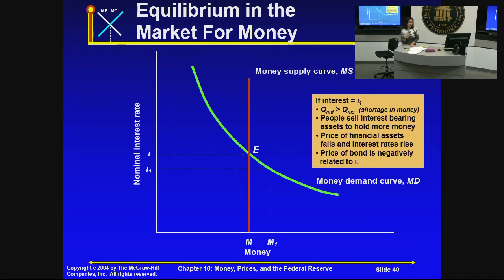One of the assumptions about the Keynesian model is number one, it is short term. Number two, prices are fixed, so we don't have inflation. The other thing is, there are only two forms of assets in the Keynesian model. One is money, the other one is bonds, interest-bearing bonds.